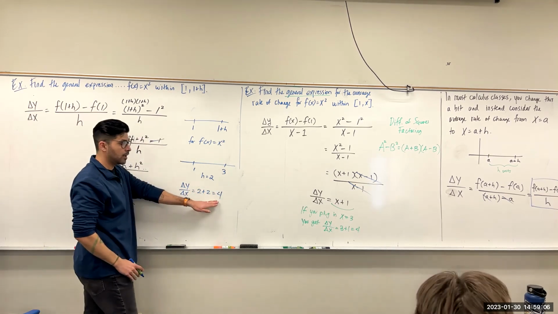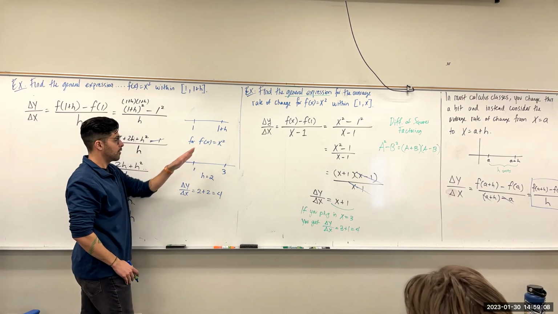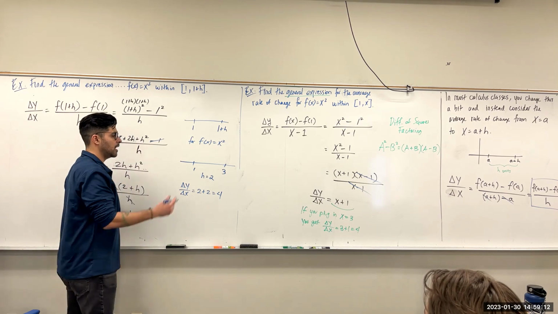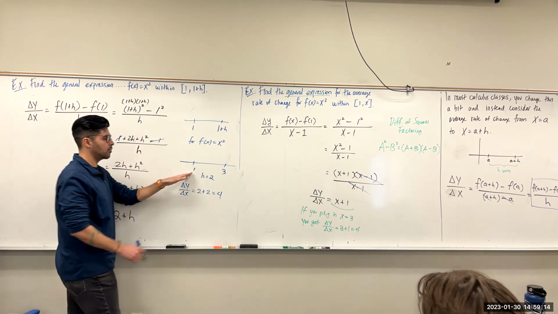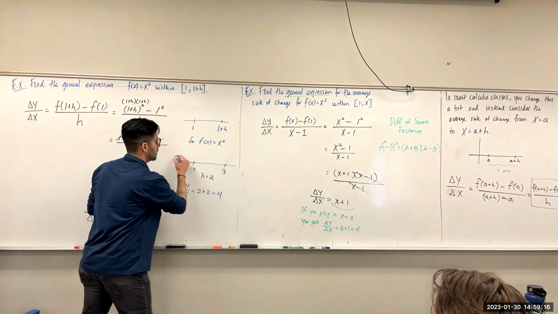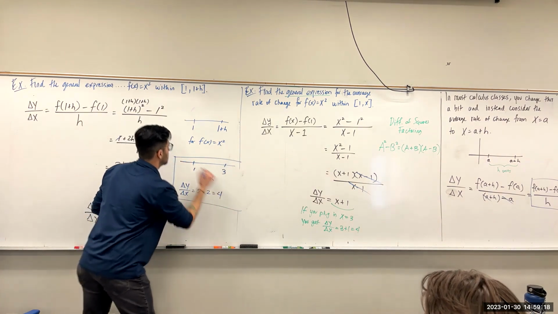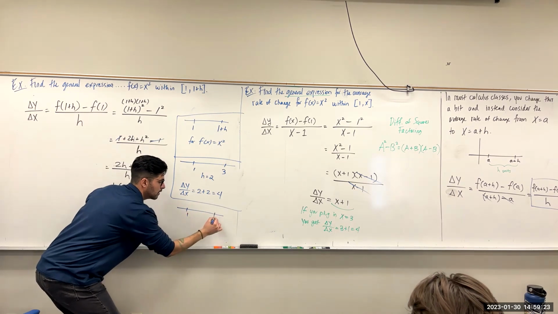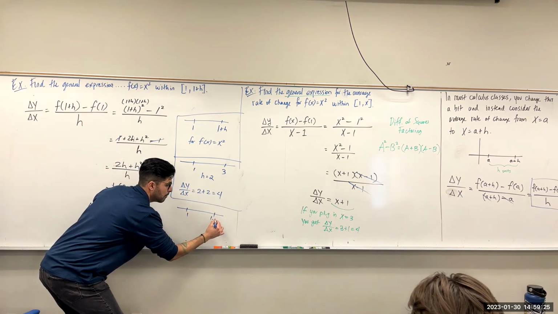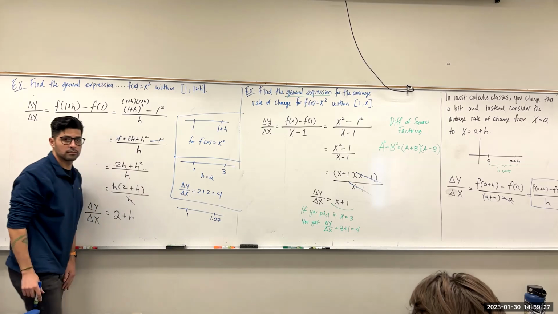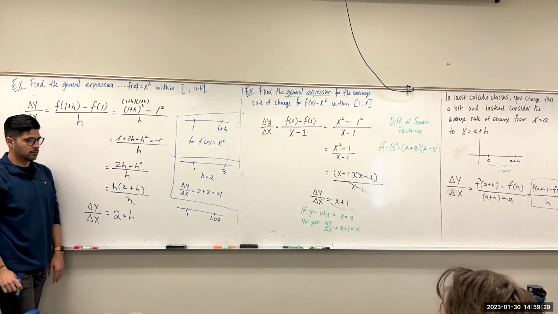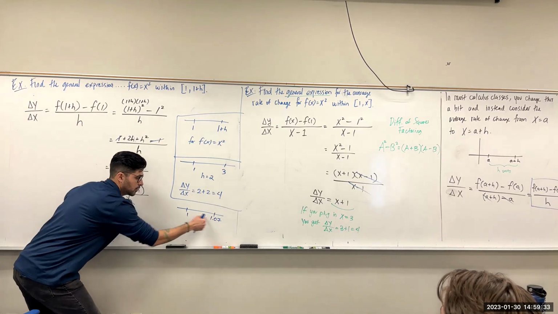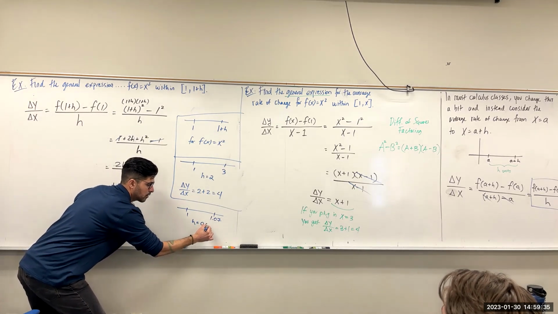So that means that 4 is the average rate of change from 1 to 3, which is what you guys already found earlier. But now I could change it up. What if I said, what's the average rate of change from 1 to 1.07? What's h? h is the distance between these two, which in this case is 0.07.